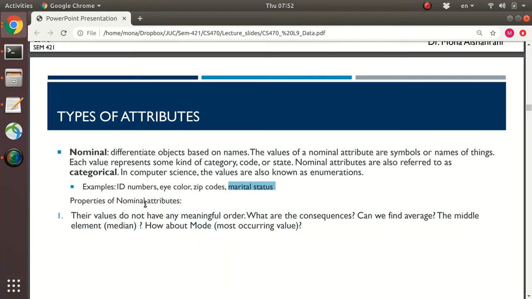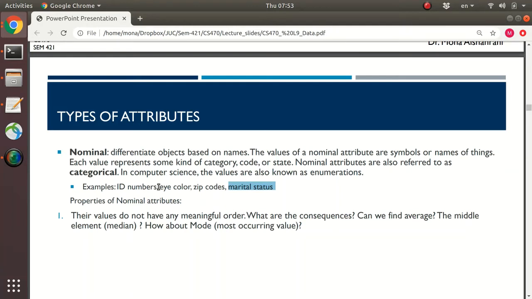So what are the properties of nominal attributes? First of all, their values do not have any meaningful order. So we cannot actually order the data samples based on, for example, ID. Well, ID is a unique identifier. It doesn't follow any order.